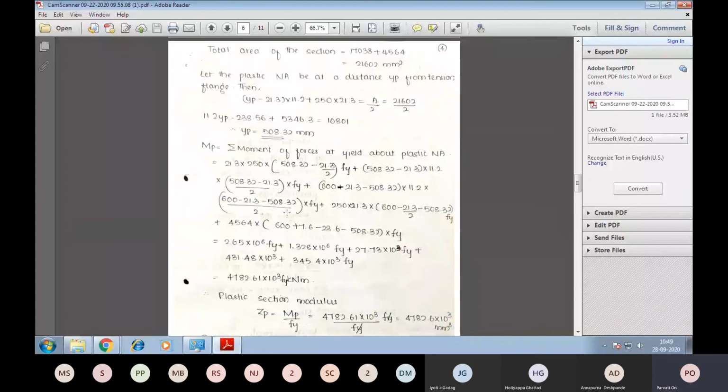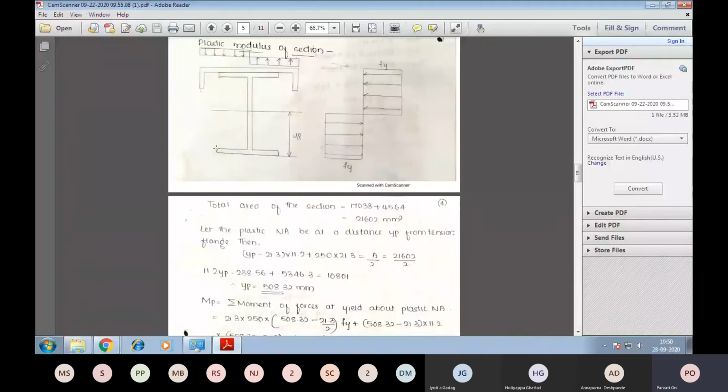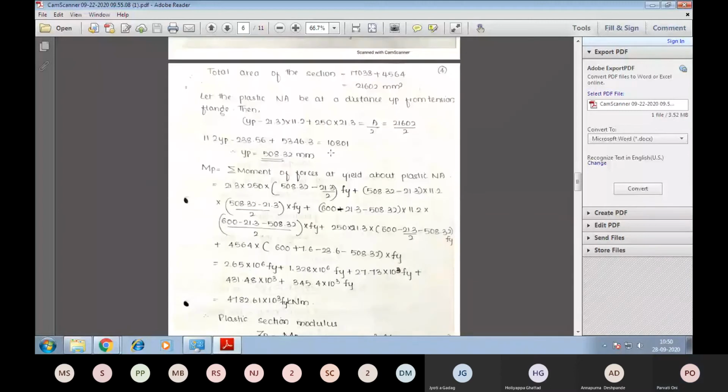Just go through the equation once again. You have to calculate bit by bit. You have to divide the entire I section with respect to NA as one rectangle, this rectangle, this rectangle, this rectangle, this rectangle, and this channel section. 23.6 is the centroidal distance, that is Cxx of the channel section.